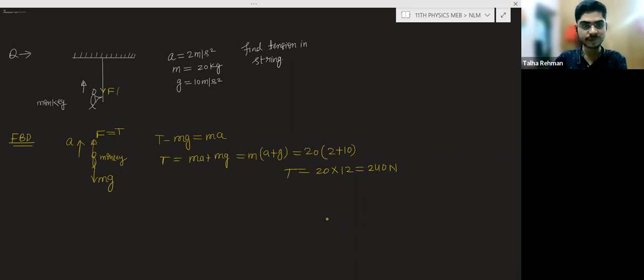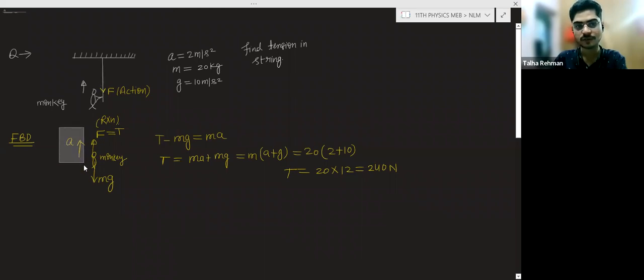Basically, this F is action and this F is reaction. As the monkey is going upward or climbing the rope, the acceleration will be in the upward direction. This is the acceleration of the monkey.